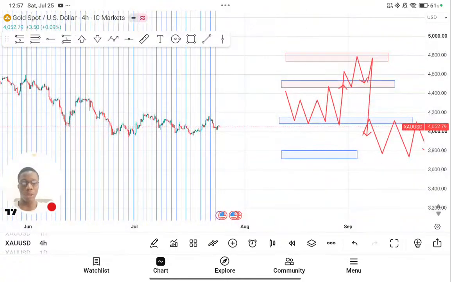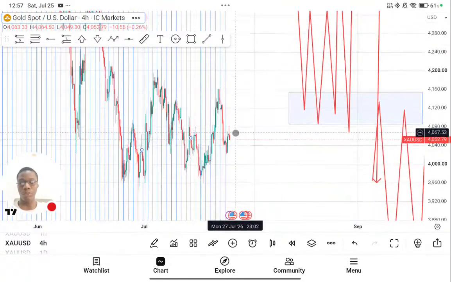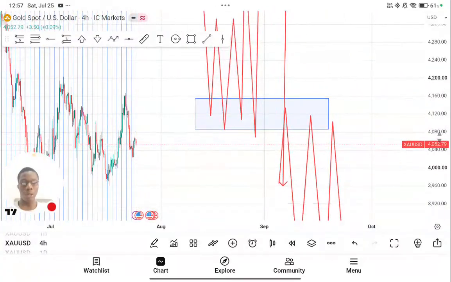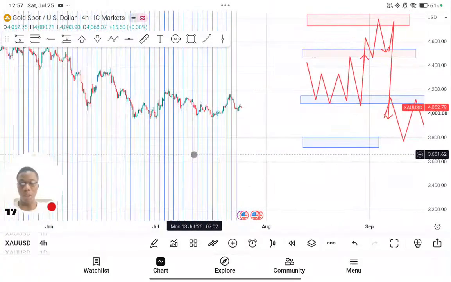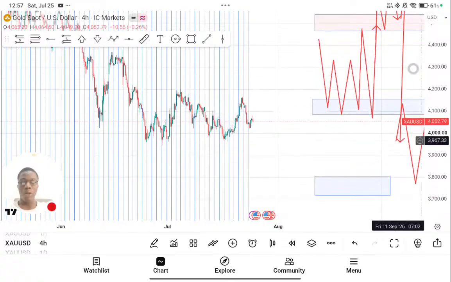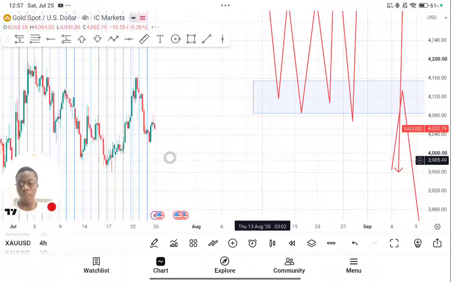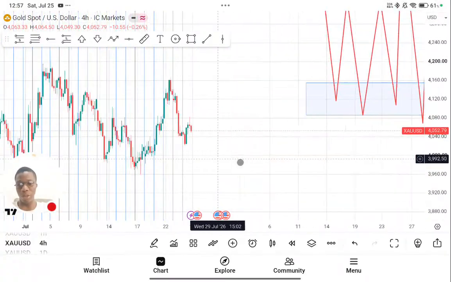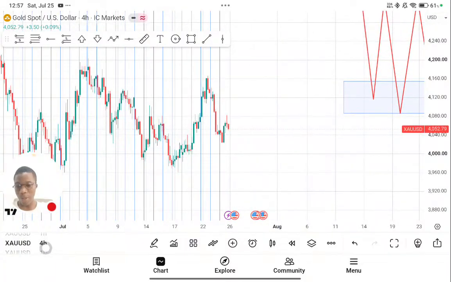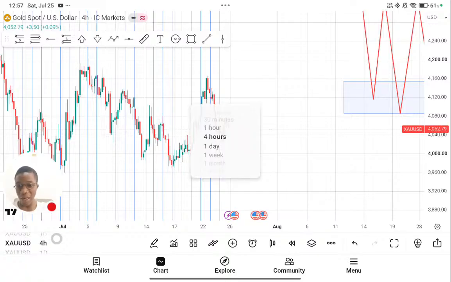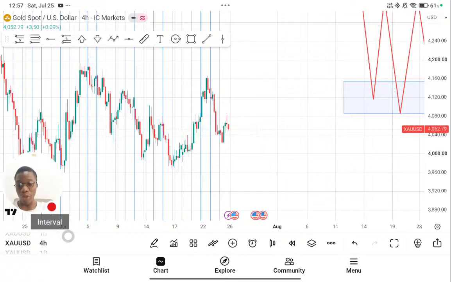Let me show us an example. Mind you, when you come new to the charts, if you have a plain chart like this where there's nothing on it and you're trying to analyze, it is good to start from the higher time frame, because the higher the time frame, the more valid and strong that support is.